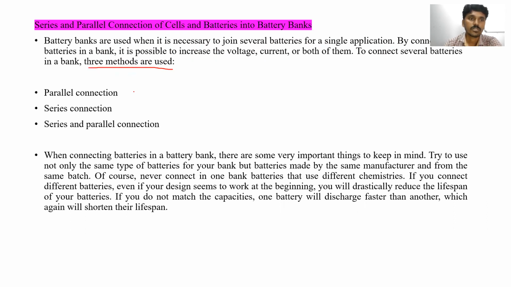So why are we going for the battery bank? In order to gain voltage or current or both, or power, in order to increase the voltage or increase the current. Battery bank is formed by connecting a number of batteries in series or parallel.